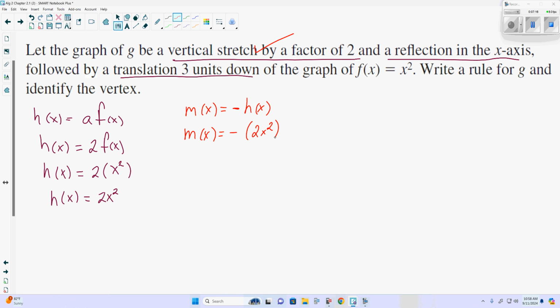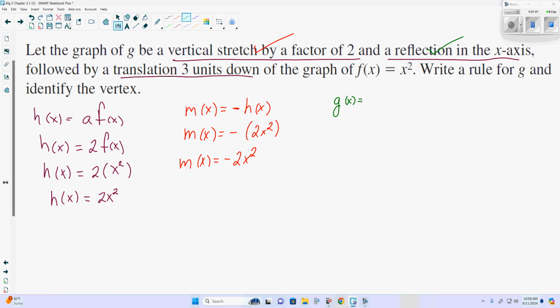And h of x was 2x squared. So we have negative parentheses 2x squared, which gives us negative 2x squared. Questions on how we did the vertical stretch of 2 or reflection in the x-axis?